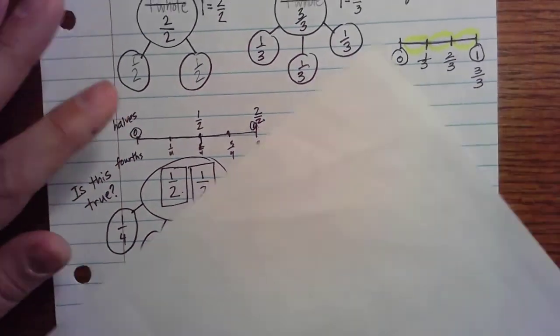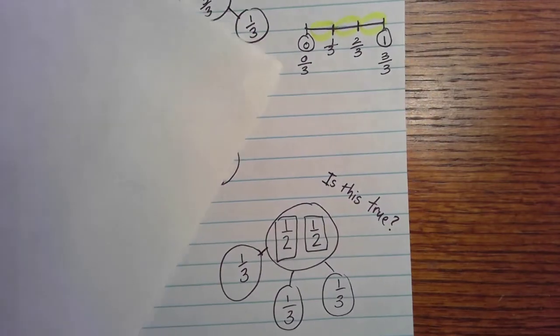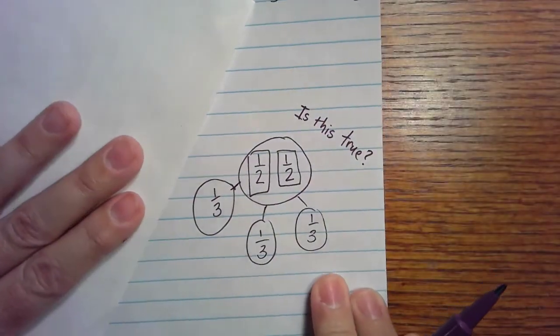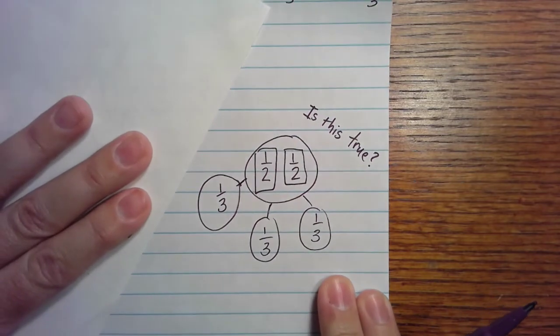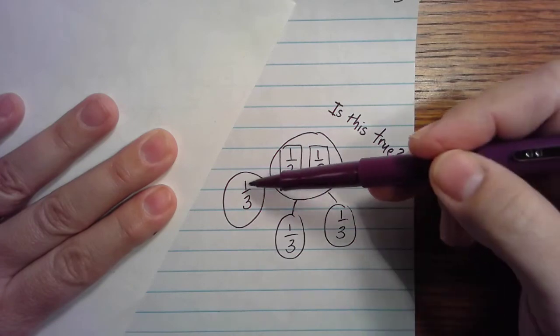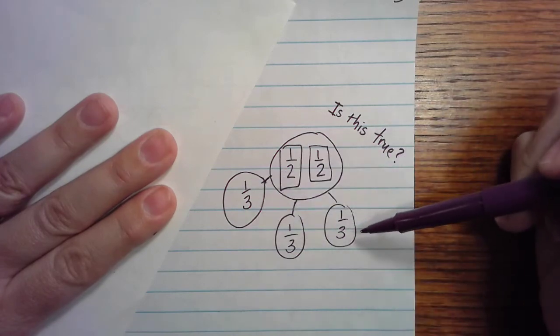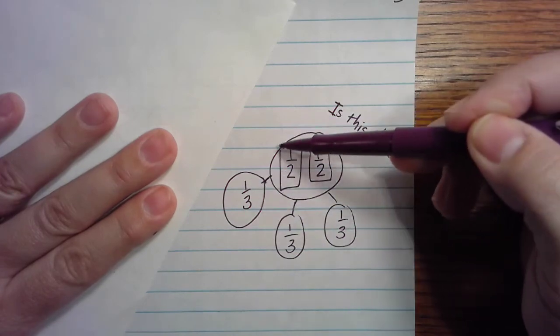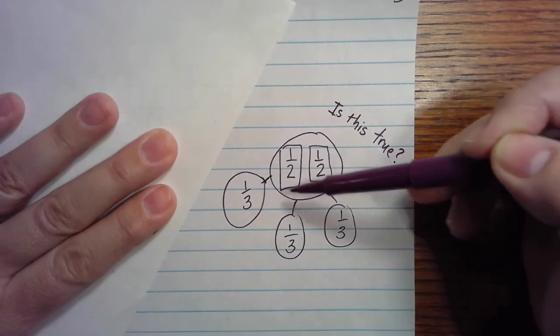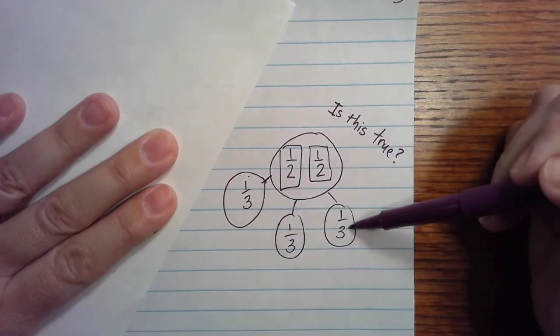Okay, last one. What about this one? Is this true? Sorry, I'm squeezing my paper. We have 2/2 and we have thirds. Does the whole have the same value as the parts?